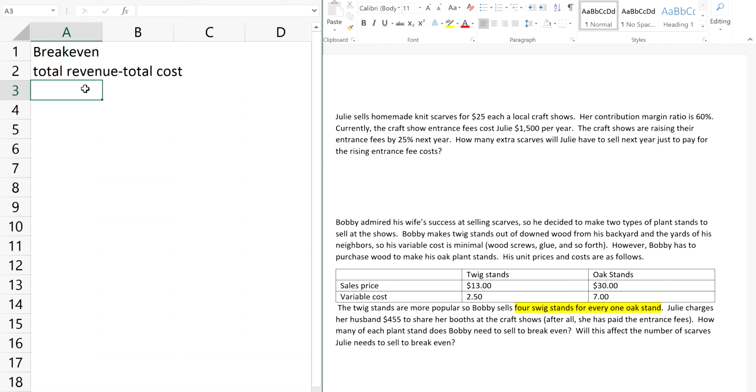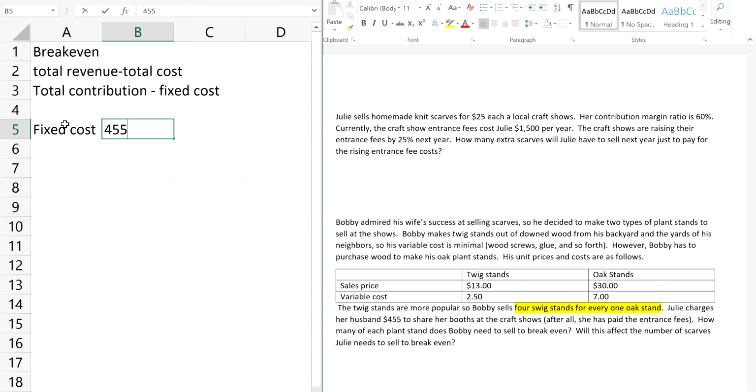But for the contribution margin method, we're going to use your total contribution minus your fixed cost. Now we know our fixed cost. Fixed cost is 455. What we don't know right now is your total contribution margin, or the total contribution.